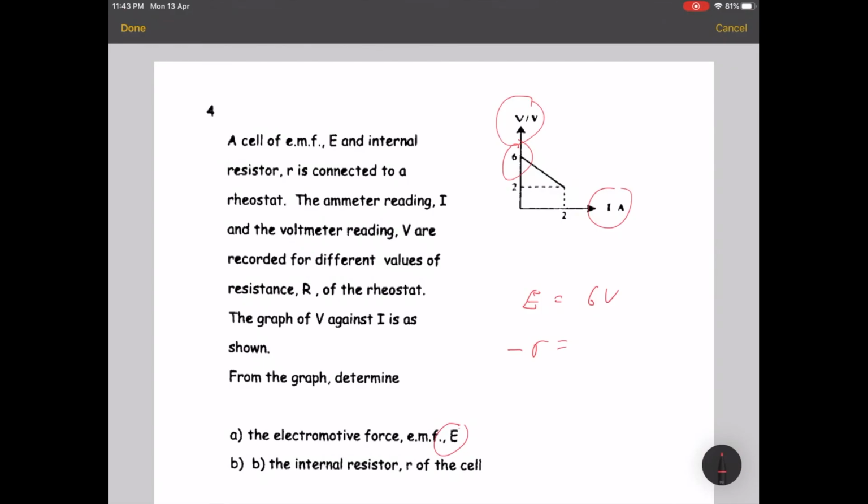So 6 minus 2 will be 4 divided by 2. But don't forget, the slope itself is a negative gradient, right? Yes, just like what I say. So that means your r is positive in value. So it's a 2.0 ohm. It's clear? Okay.